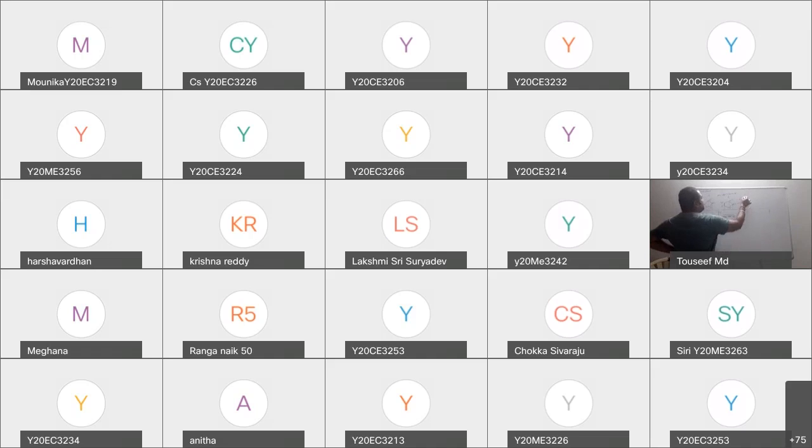When you are supposed to see from top, these points are going to be visible. What are the points? A point is visible, F point is visible, E point is visible, and D point is visible. So this B point is invisible and C point is visible.